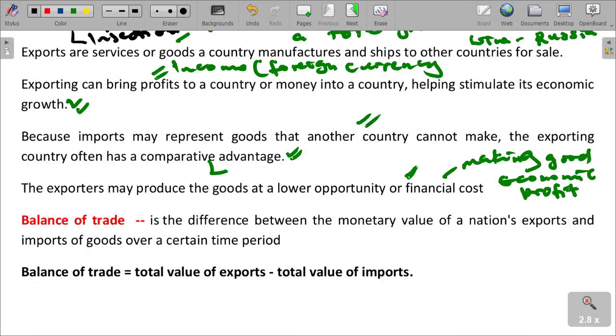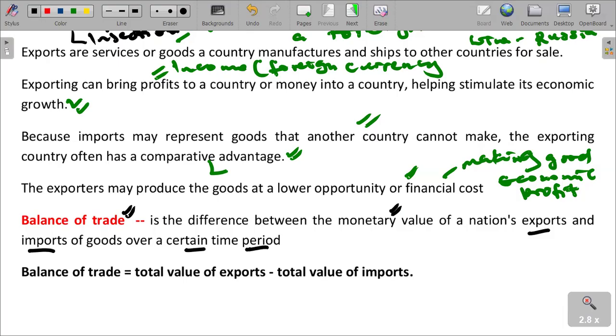So when we look at the two, they lead us to understand what is called balance of trade. They take us to an understanding of a new business terminology in international trade, that is called balance of trade. It is the difference between the monetary value of a state's exports and imports of goods over a certain period of time.